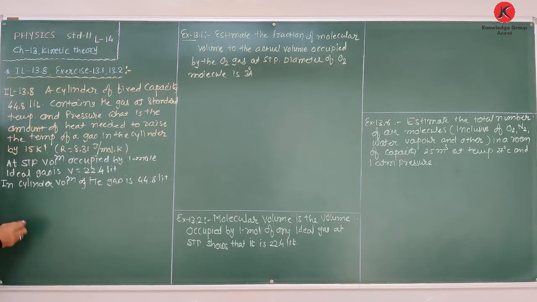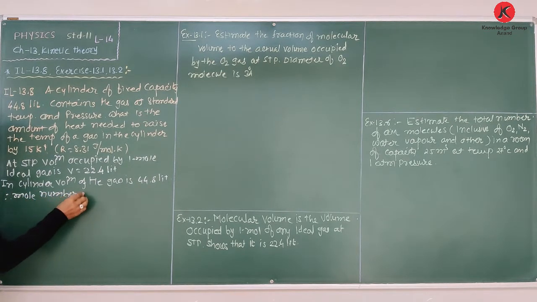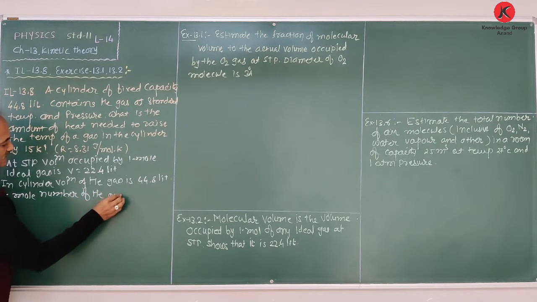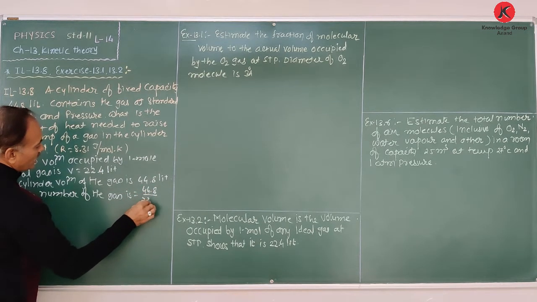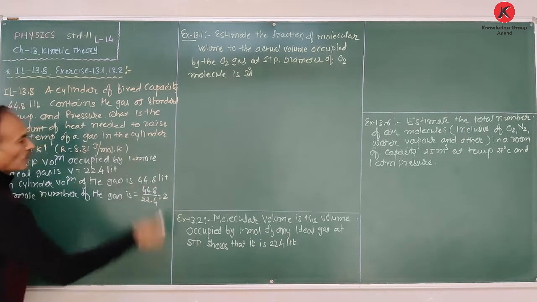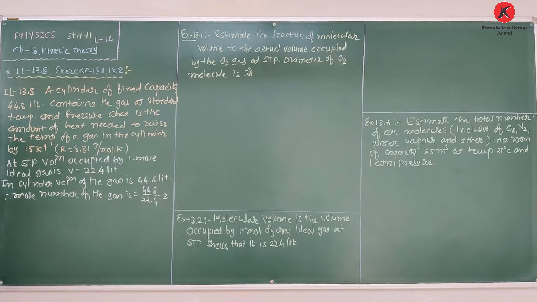Therefore, the mole number of helium gas is 44.8 upon 22.4, which is equal to 2 mole. So first we find the number of moles in the given cylinder having a volume of 44.8 liter. Here 2 mole of helium gas is filled at standard temperature and pressure.